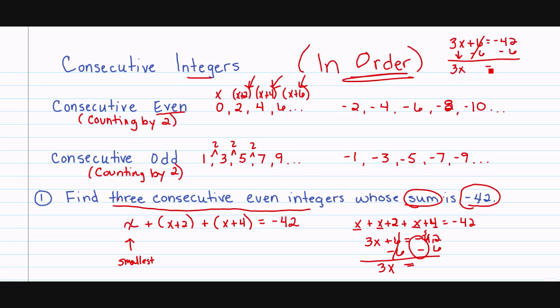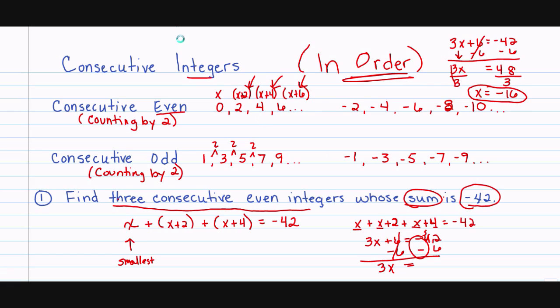That cancels out, equals, the signs are the same, so I find the sum, which is adding: 48. Need to separate the 3 and the x, the opposite of multiplication is division. So I'm going to divide by 3. And x equals negative 16.